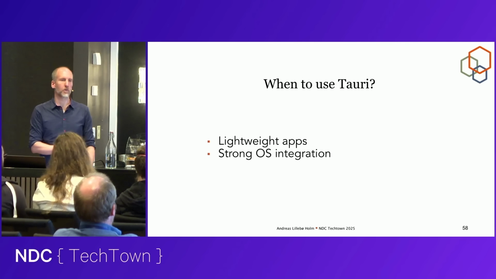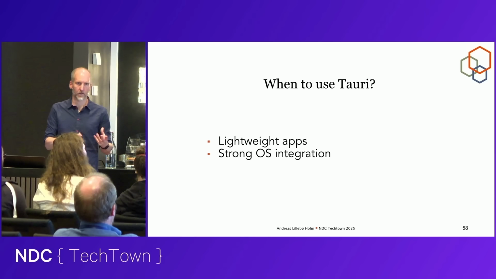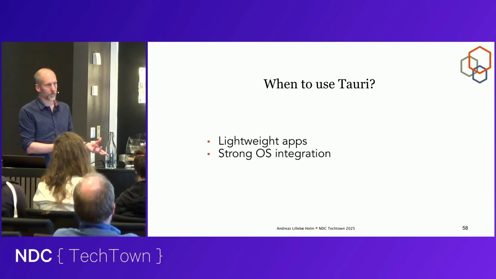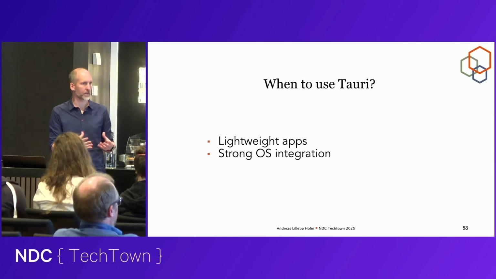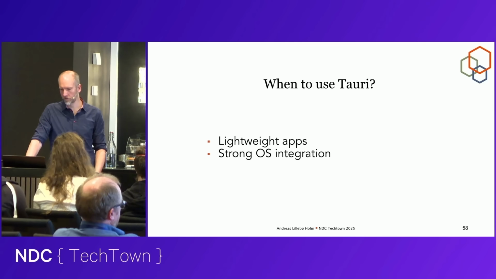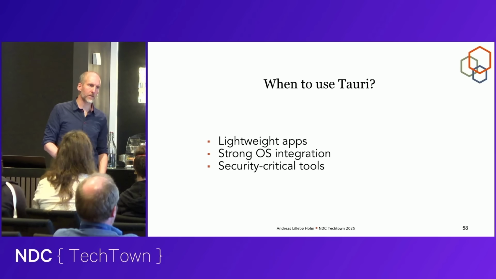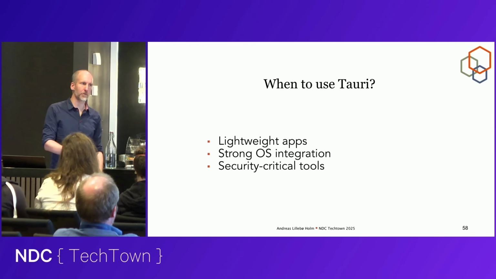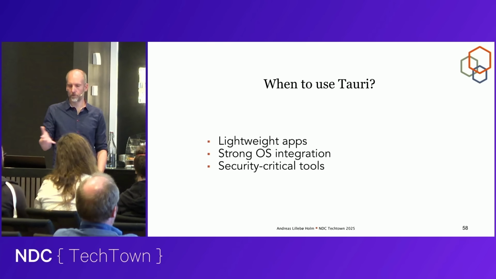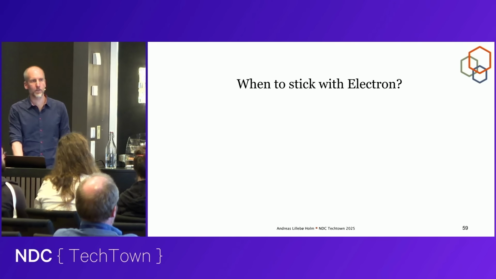If you have strong operating system integration, I think the IPC communication and the performance of the rest is very nice, and it works really seamlessly. So I think that's one of the things you should consider at least. And if you do have security critical tools, I think having a framework that helps you make safe code is a huge advantage. So when do you want to stick with Electron?